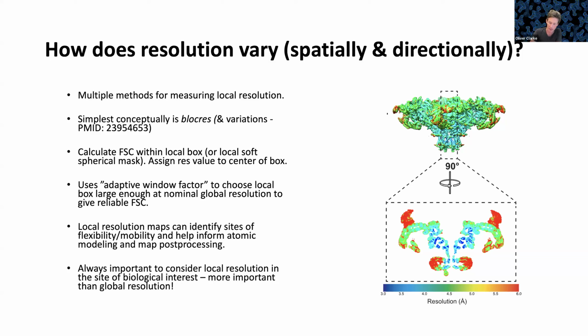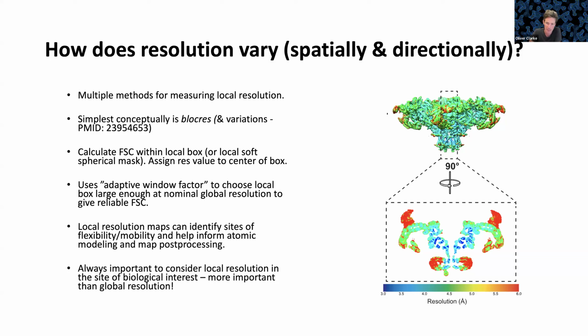Obviously, in that approach, you need to think about how small you are going to make your box, because there's a trade-off. If you make your box too big, then you lose the value of doing anything local. If you make your box too small, then your FSCs become too noisy and are not terribly informative with regards to the local resolution.